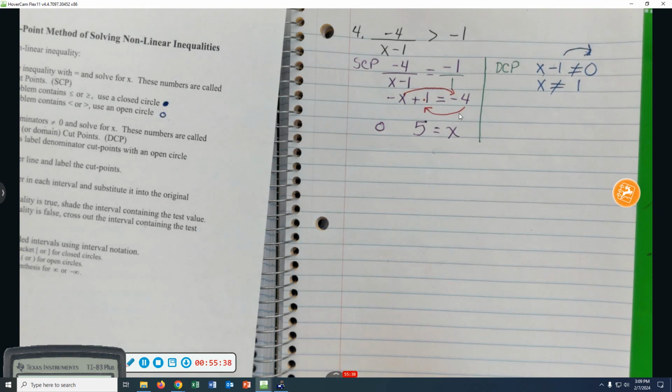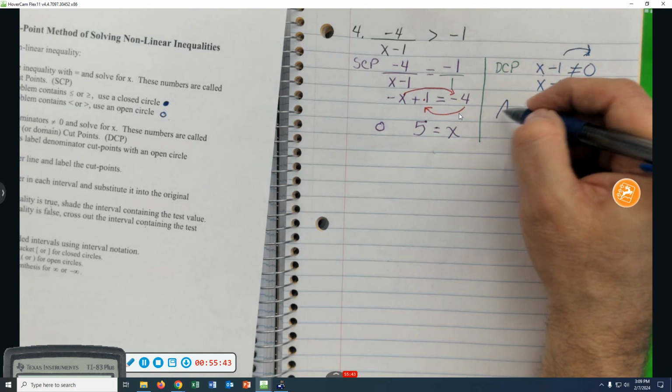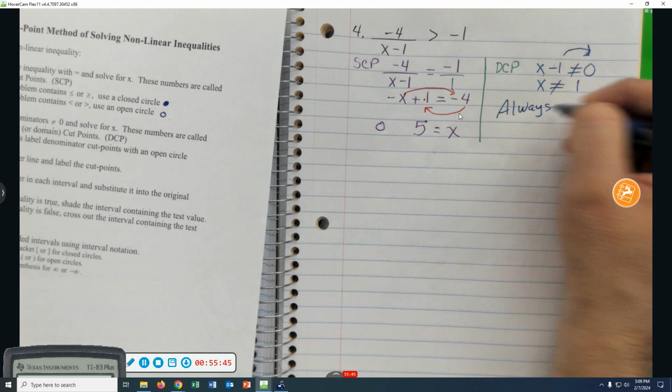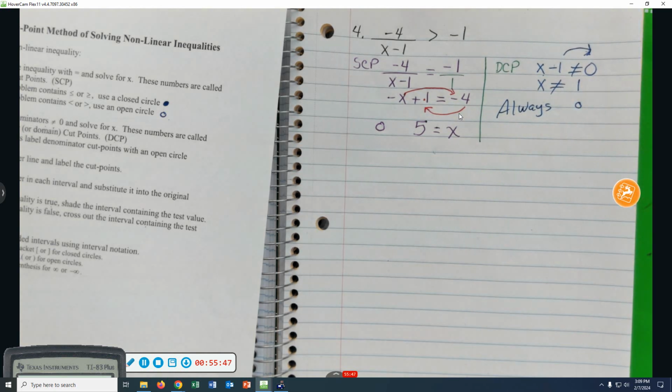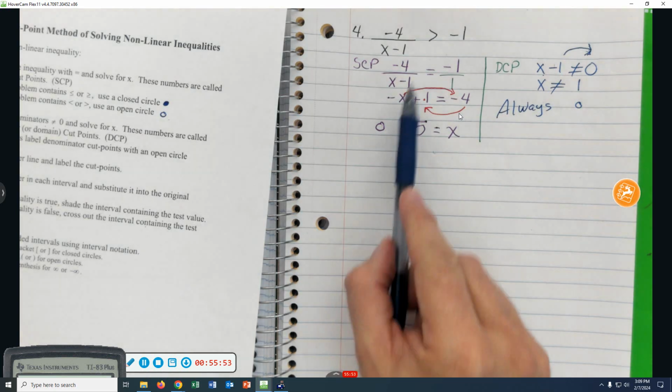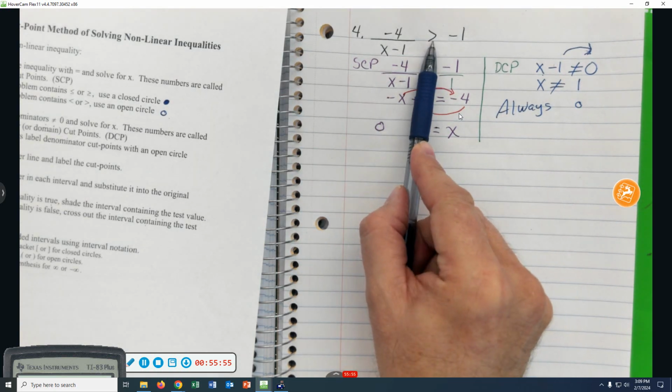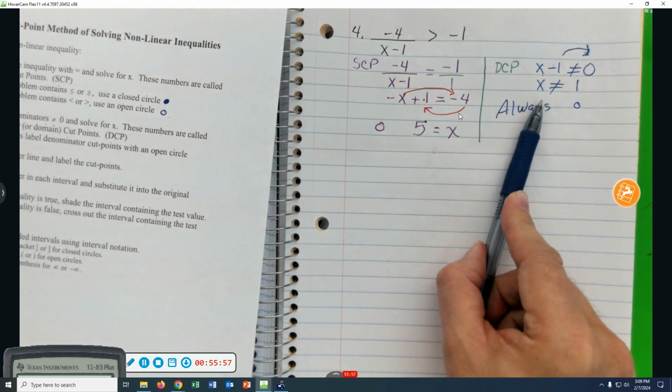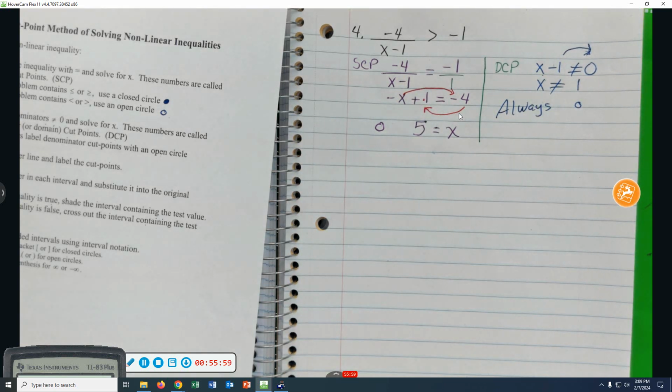Open or close circle for the denominator cut point? Always open at the denominator cut points. Okay. For the solution cut points, you look up here. For the denominator cut points, they're just always open.